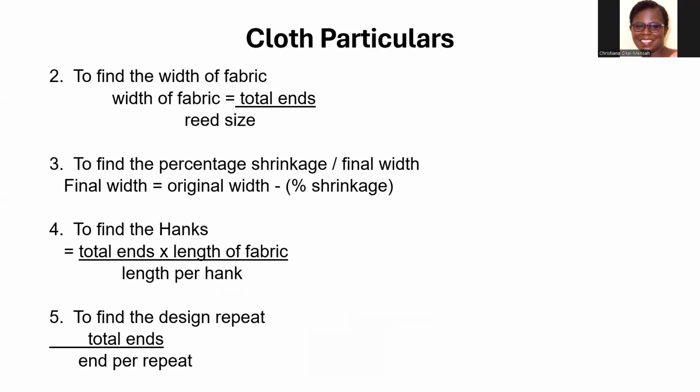If not, at times you just weave it to the same size, and when you cut it, there will be 5% shrinkage. That means the fabric will reduce, and you will not get the same 36 size. So we are supposed to do some calculations to find out, and that is the formula for doing that.